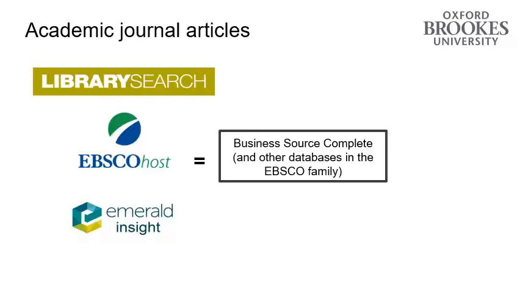Now, there are some journals that aren't very well covered by Library Search, so I would generally suggest that when you're looking for articles, you at least do one search in Library Search and one search in Business Source Complete, which is part of the EBSCO family. We also recommend Emerald. Now, Emerald is covered by Library Search, but it can be sometimes helpful to search a specific database separately.